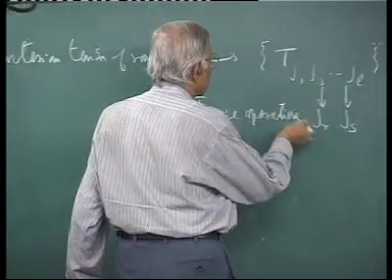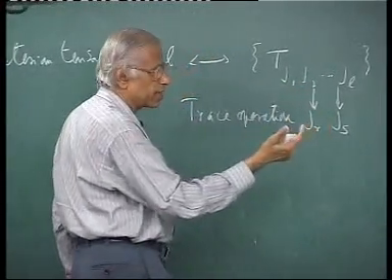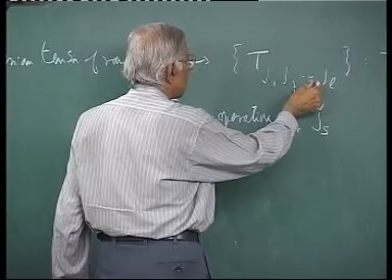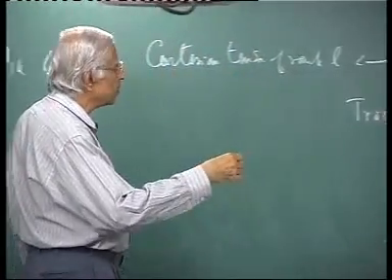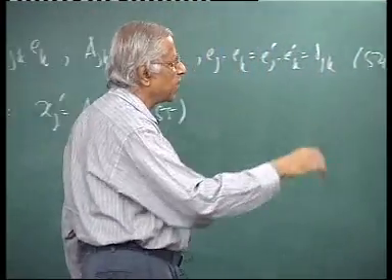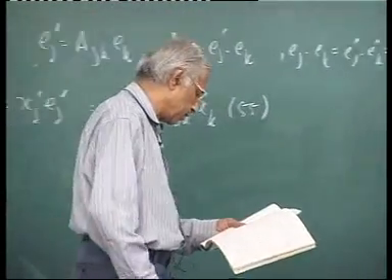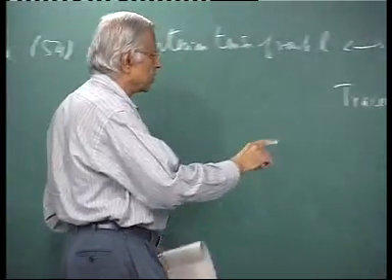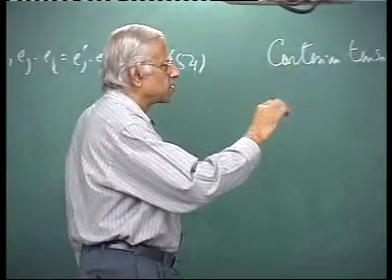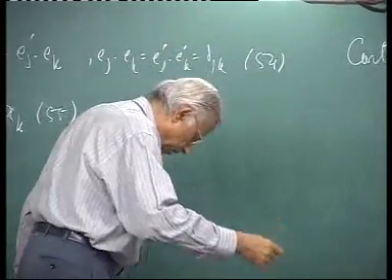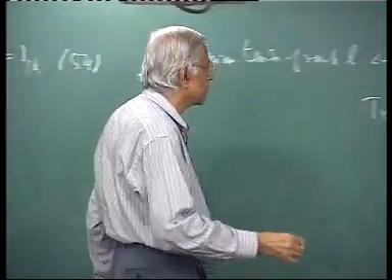If you were to sum over J1 equal to J2, you will get one result. If you were to sum over J4 and J5, you will get another result. Both of them will be tensors of rank L minus 2, but they may not be the same. So this is one meaningful operation, which leads from tensors of rank L to tensors of rank L minus 2, L minus 4, and so on.